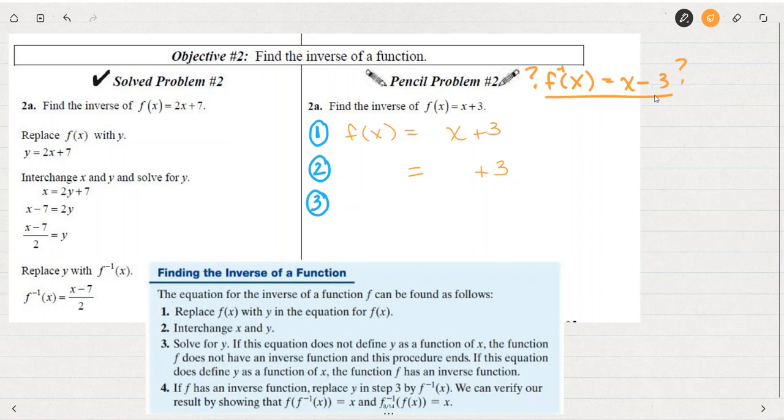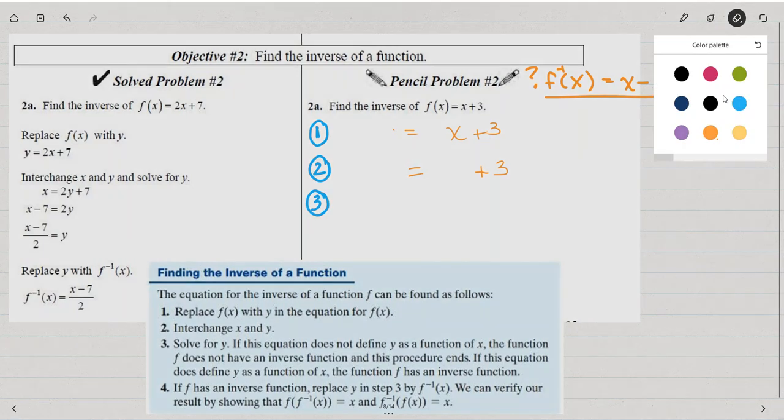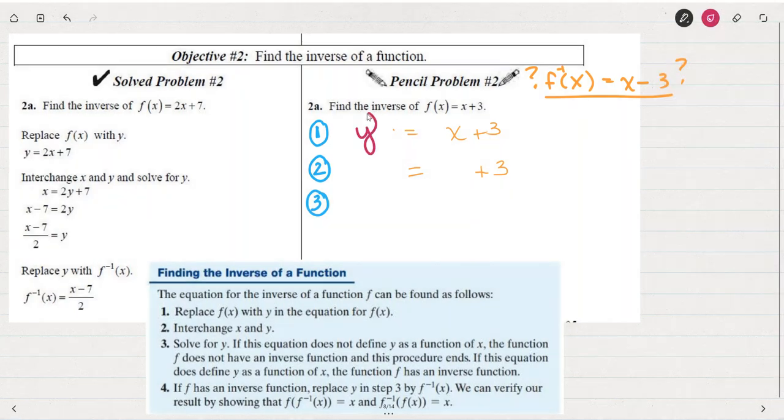This is my guess. But let's make sure we have a process. Here are the steps. The first step is you replace f of x with y. So in place of f of x, I'm going to put a y.